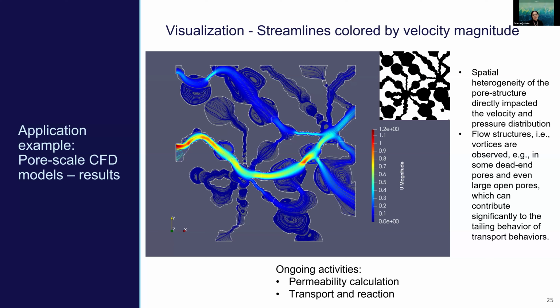We always think that the reactions are happening homogeneously inside of the pores, but essentially it's not. It's really spatially heterogeneous. So that's always a question for upscaling: how to have a reasonable upscaled result from the pore scale to the larger scale.